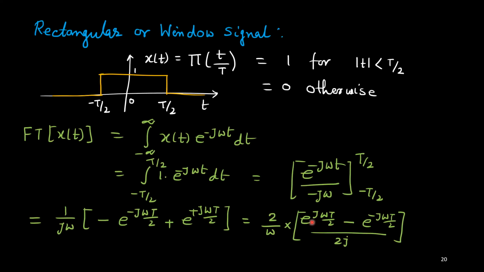This form, e to the power j theta minus e to the power minus j theta upon 2j, will give you sine theta. So we'll use that. So this is sine of omega capital T by 2. So it is 2 upon omega times sine of omega T by 2.